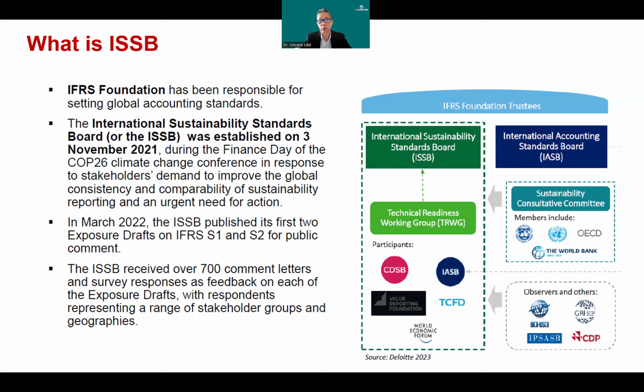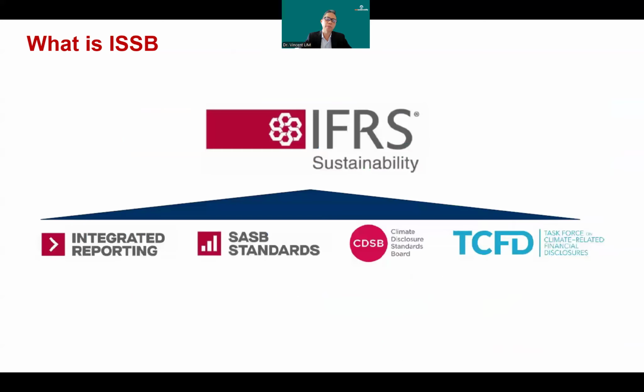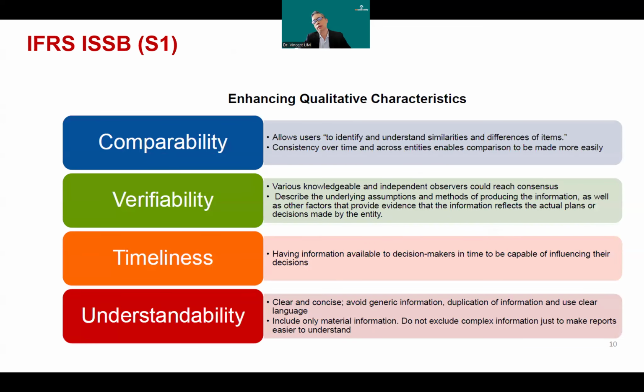And I thought that was a great move. Basically, it is part of the accounting way of calculating numbers, profit, incorporated into counting carbon emission. So the characteristics are making it comparable, verifiable, timeliness, and understandability.